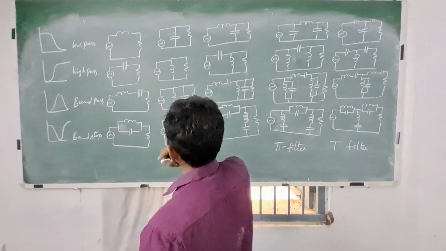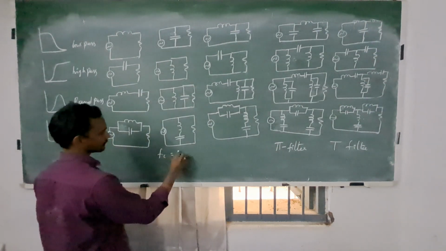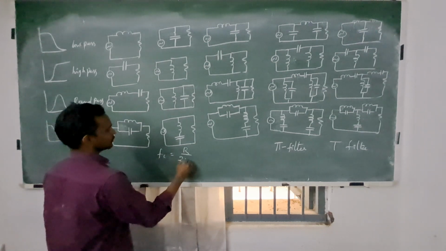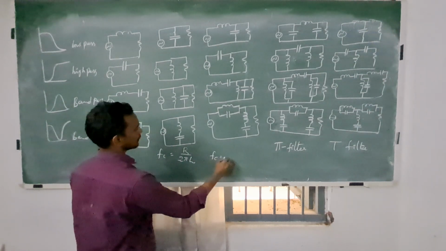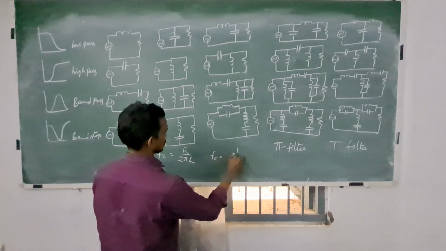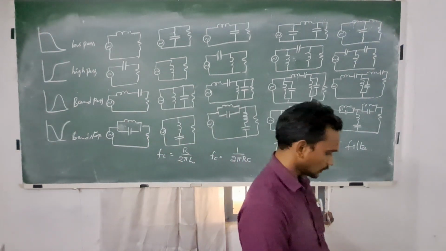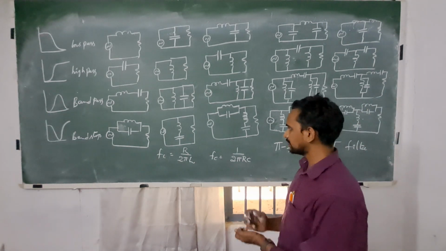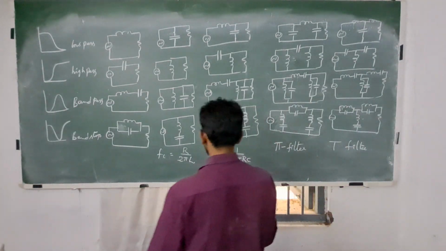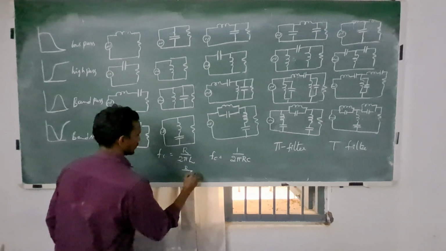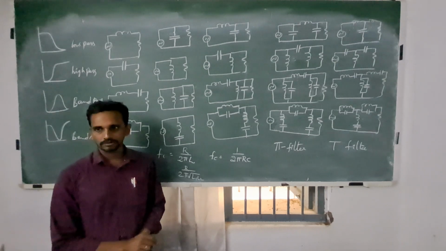So what is the equation for the low pass filter? The cutoff frequency for the low pass filter is R by 2 pi L, and the cutoff frequency for high pass is 1 by 2 pi RC. If you take any combination, that will be reflected as R by 2 pi root of L1 and L2, if you have a few more components.